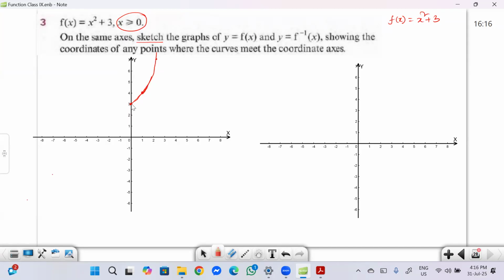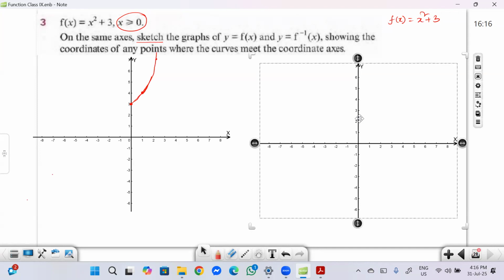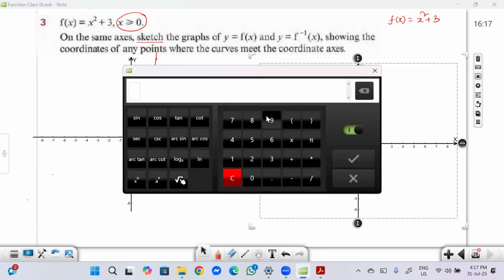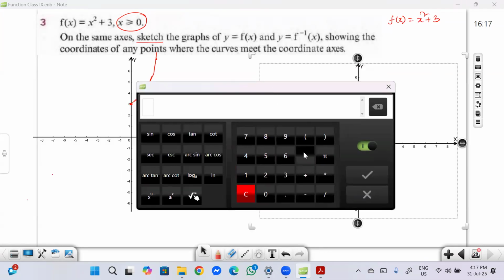If we do the same in this segment, I guess we can't put a limit now.